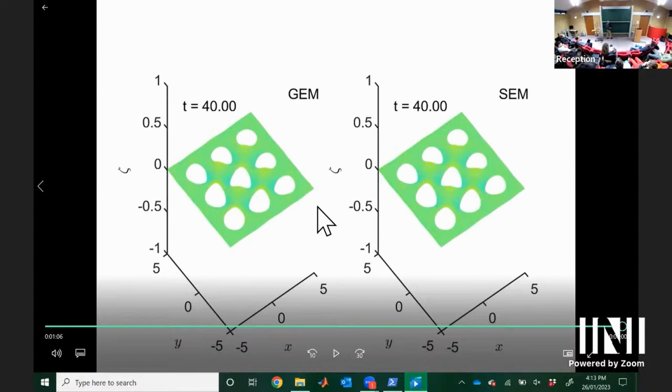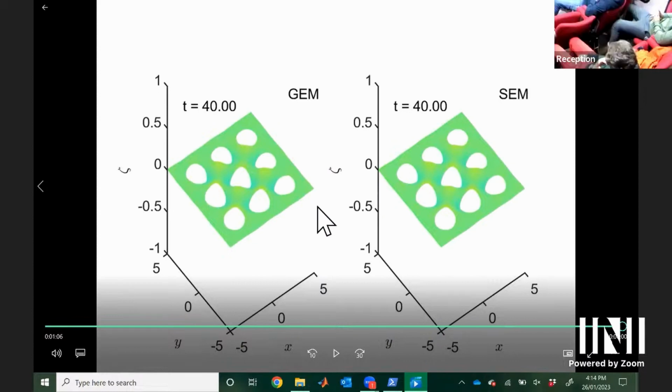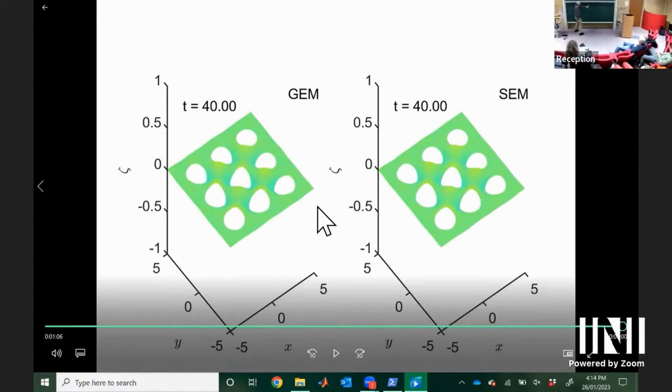So the energy is the integral over omega of the time derivative of u squared. That's the energy, and since that's a preserved quantity, we can immediately derive an inner product.